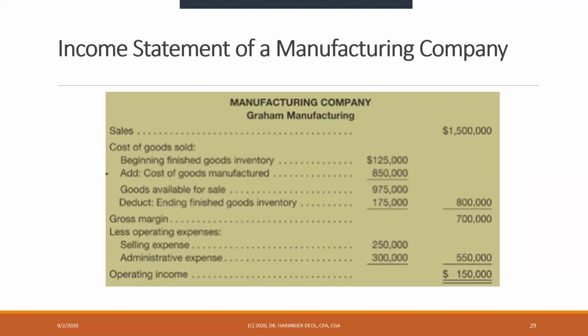This income statement is for the consumption of the managers that are working inside of the company. This is not intended to be reported to an outside user, the shareholders or the bankers and so on. So it'll not have some of the niceties that you learned about in the other course.